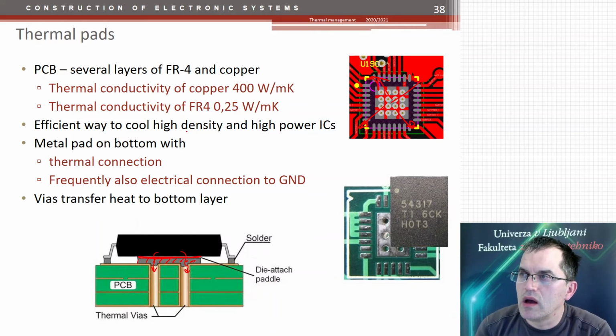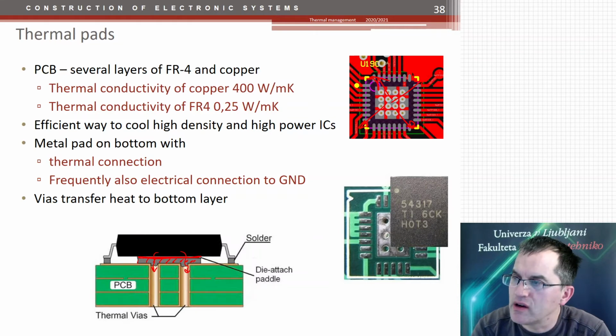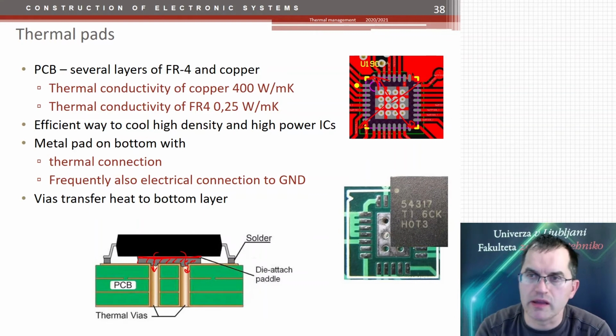So that's the thermal pad idea on components. If your component has a thermal pad, you have to use it as efficiently as possible using thermal wires and big copper planes.